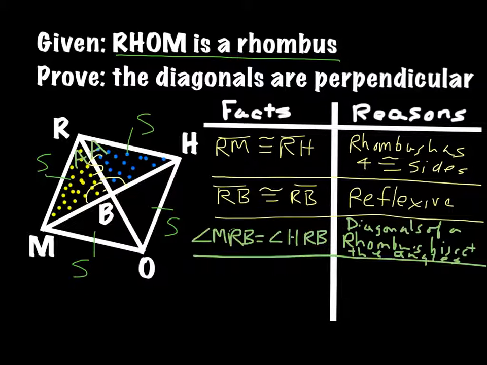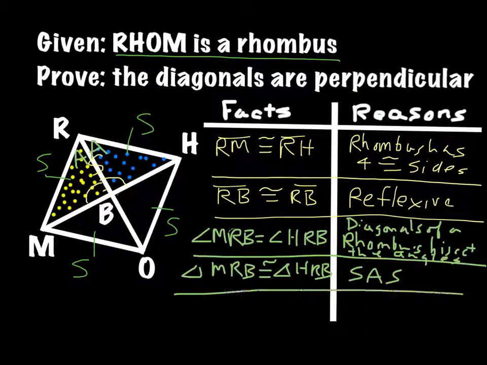So now I can finish by saying that triangle MRB is congruent to triangle HRB. The reason is because of a side, angle, side pattern.